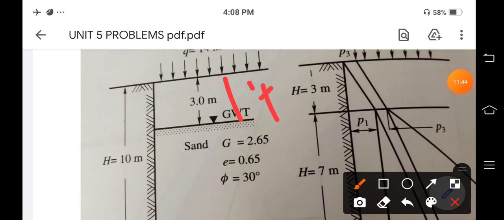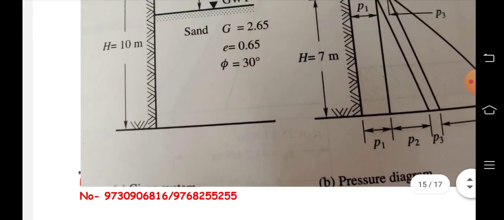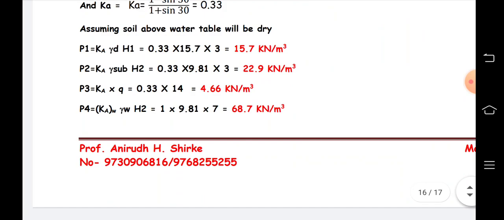This is the dry part, and this part contains water, that is the submerged condition. So, for the second case we use H2 as 7 meter. Ka is 0.33, gamma submerged is 9.81, into H2, which is 7. This was written wrongly here. Here it is 7.